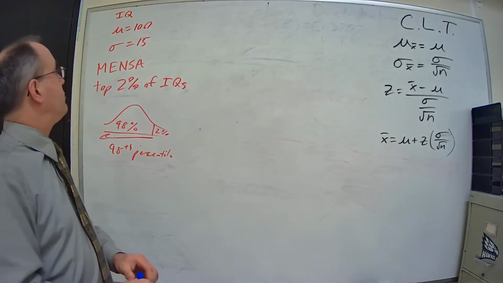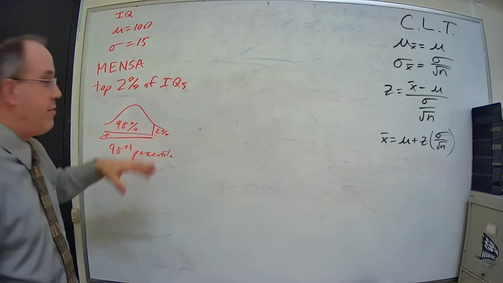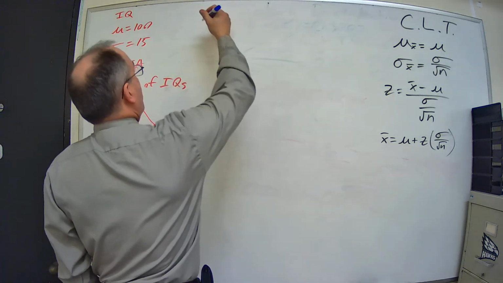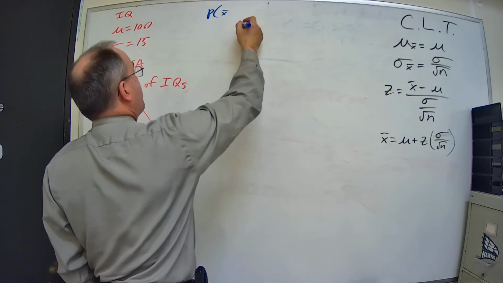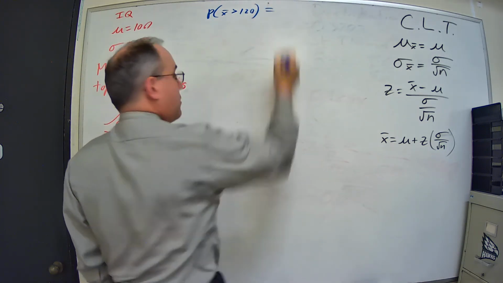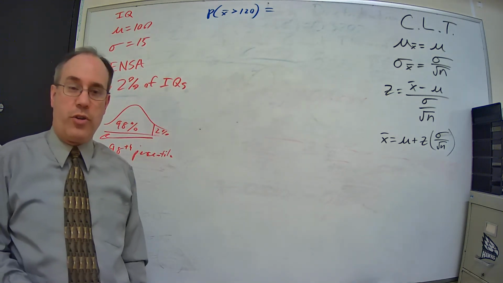First of all, dealing with IQs, ignoring the Mensa part of it, what is the probability that we randomly select a person whose IQ is greater than 120?